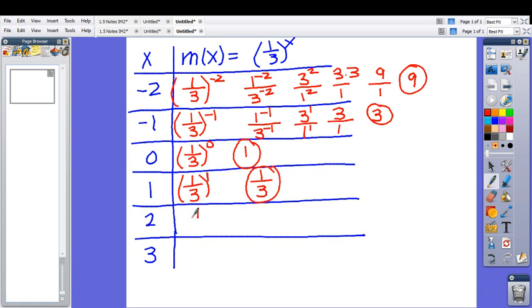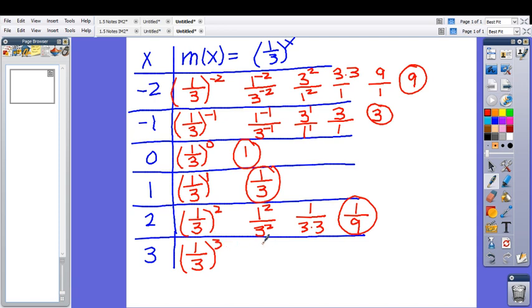Now when you have second power, again distribute, so 1 will get second power, 3 will also get second power. Now 1 times 1 is still 1, 3 times 3 will be 9, and that is your function value when x is 2. Then you have 1/3 to the third power, so that will be 1 to the third power, and 3 will also get the third power.